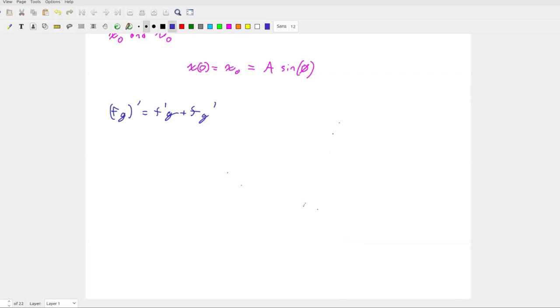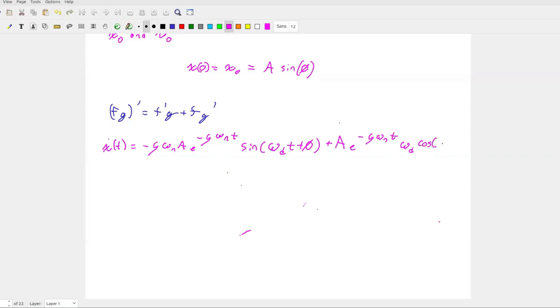And if we apply that to our equation, we end up with, this is a long one, x dot of t is equal to negative zeta omega n A e to the negative zeta omega n t sine of omega d t plus phi, plus A e to the negative zeta omega n t omega d cosine of omega d t plus phi. So that's quite a long one.